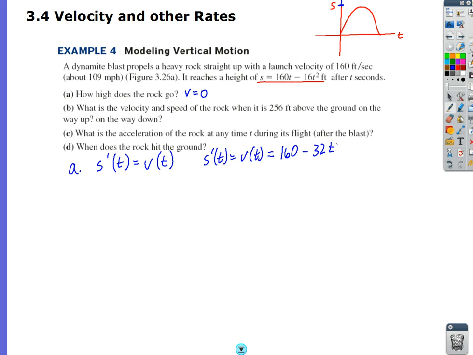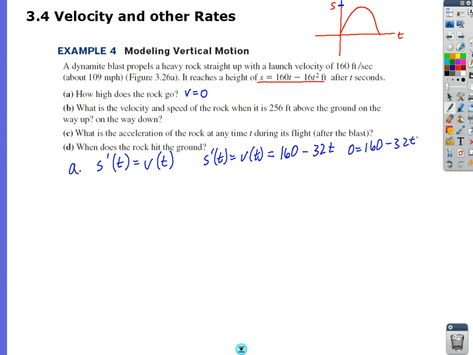Great. But now what am I going to find for my velocity? I want my velocity to be 0. So I make that happen. I say 0 is equal to 160 minus 32t.